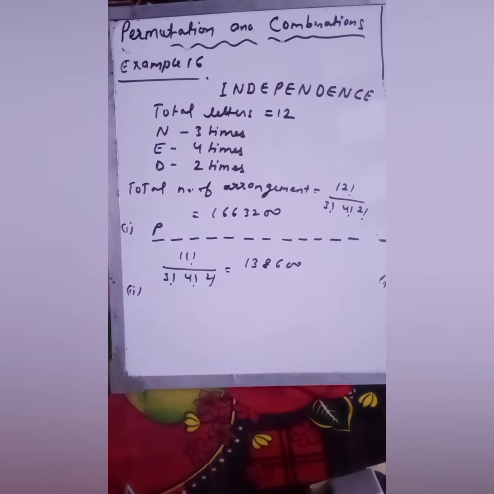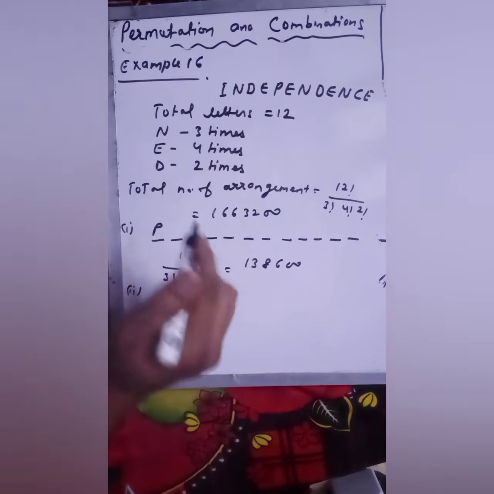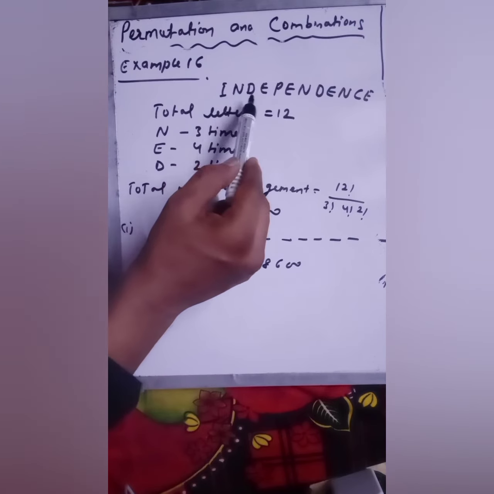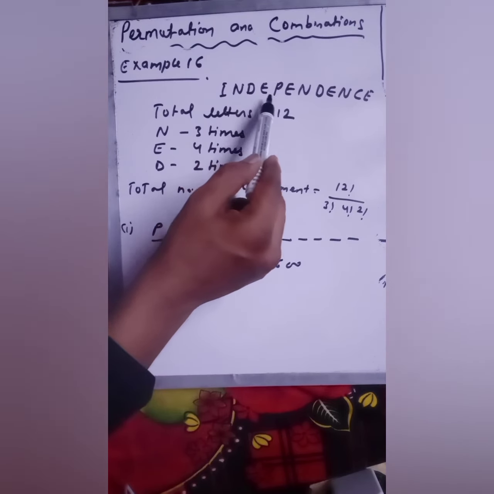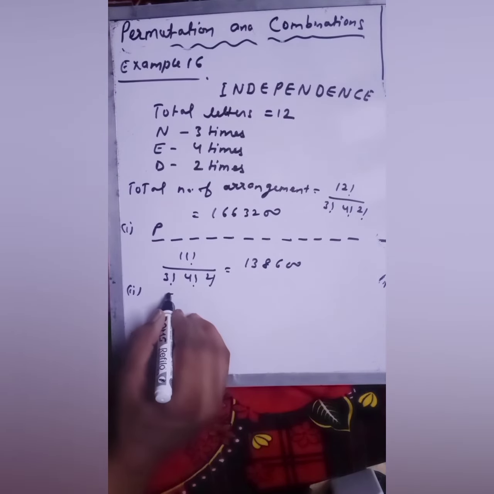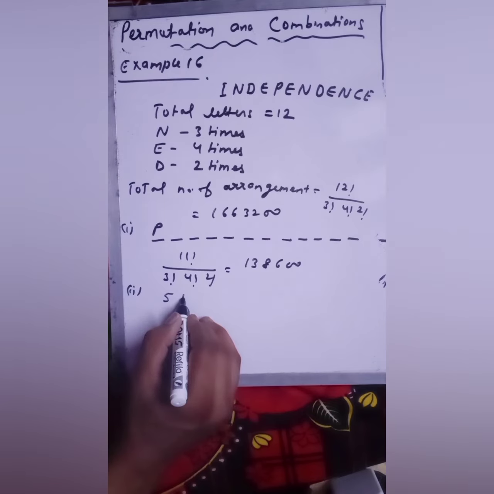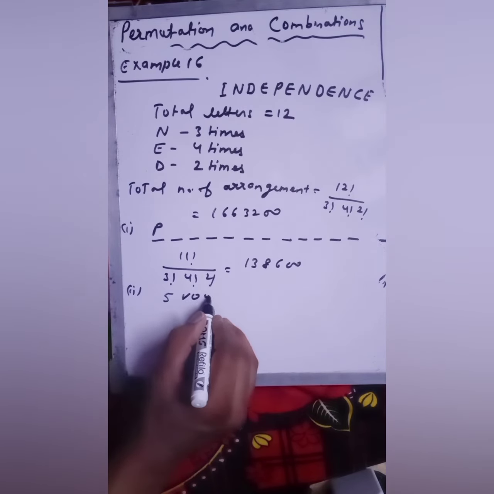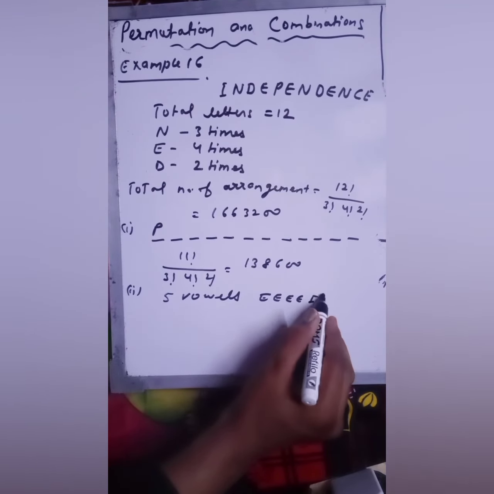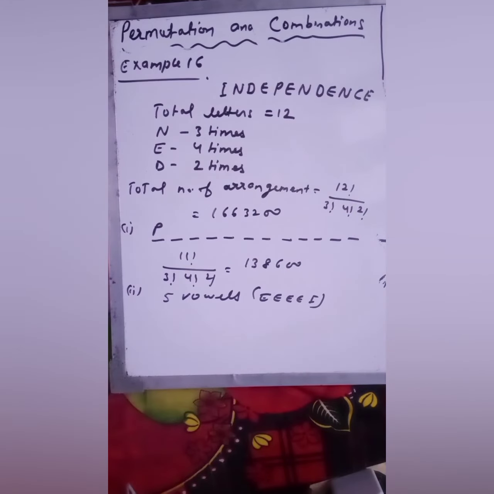Second part: do all the vowels always occur together? In this word there are 4 E's and 1 I. So here we have 5 vowels, 4 E's and 1 I. These are the 5 vowels.